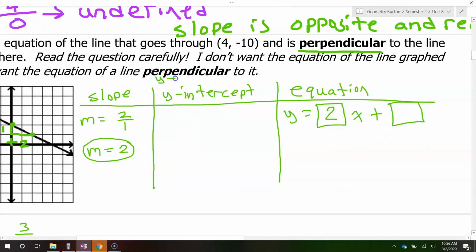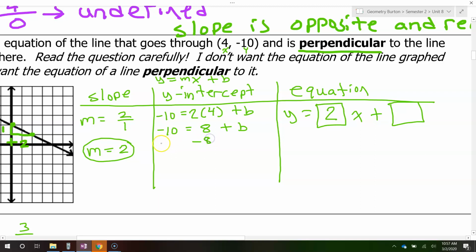So remember how we always use y equals mx plus b. And now look, the x and y will be taken from this point. So let's start with y. So we will start with -10. Next comes m, which is 2. Next is x, which is 4. And then plus b. Y equals mx plus b. So I'll have -10 equals 8 plus b.